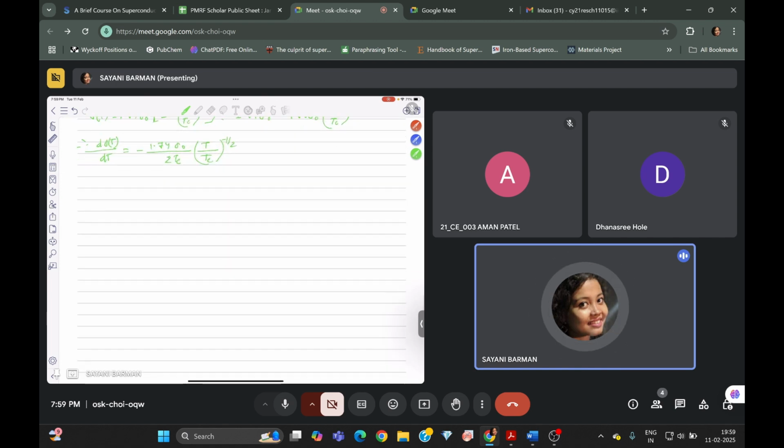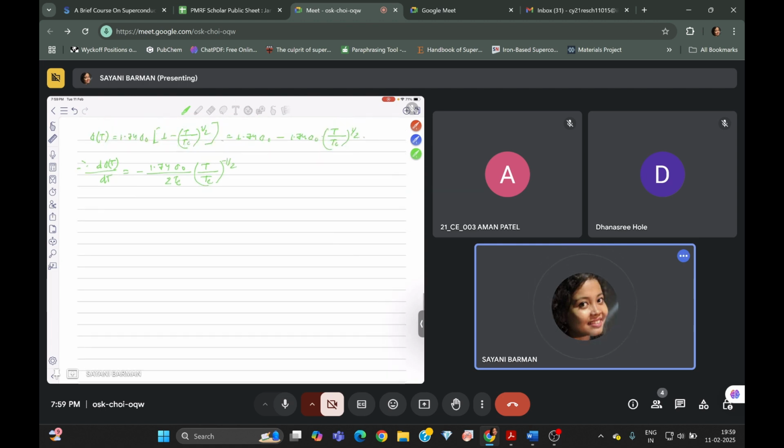Now Ek is already given, so from Ek also we can do that. A lot of derivation you have to do in this course, into d delta by dT.